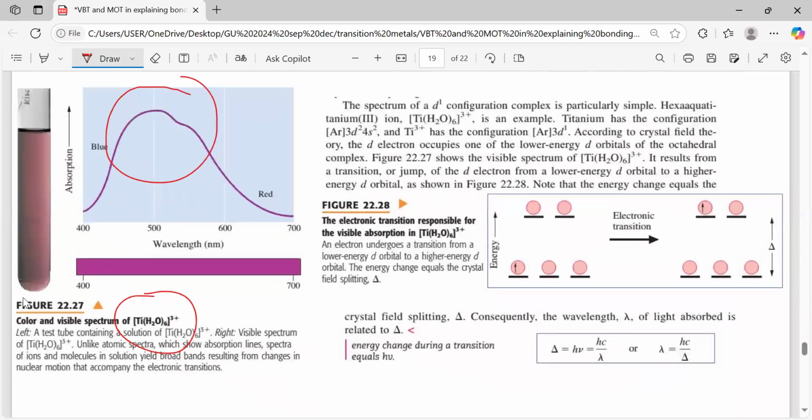So titanium, this titanium is actually a D2. Titanium is a D2. And S0. So when it becomes titanium +1, it loses one electron. Actually, sorry for that. Titanium is D.